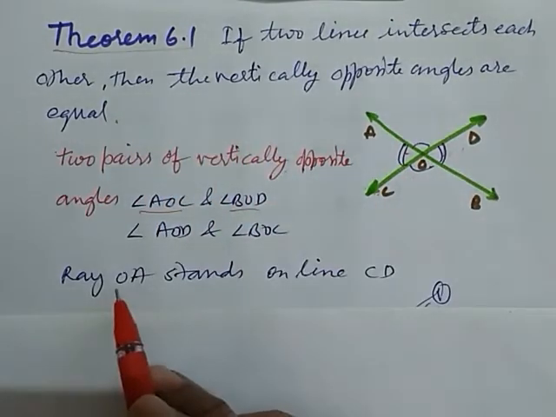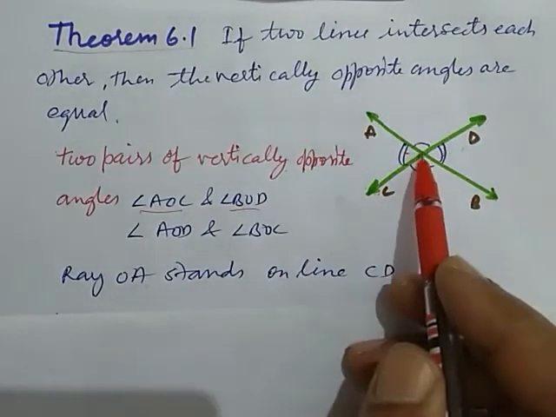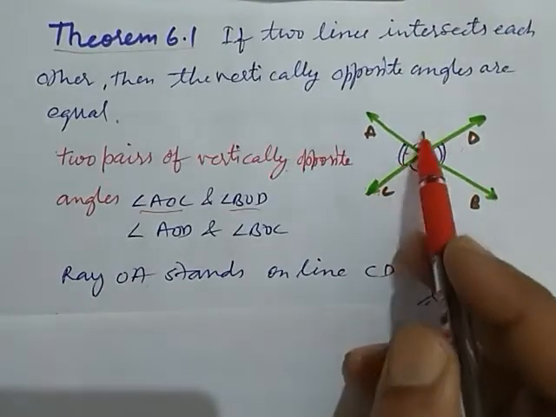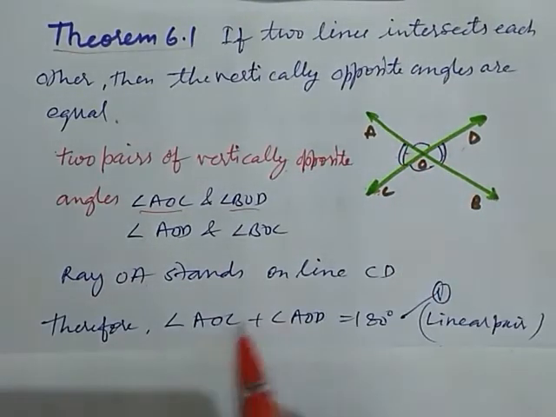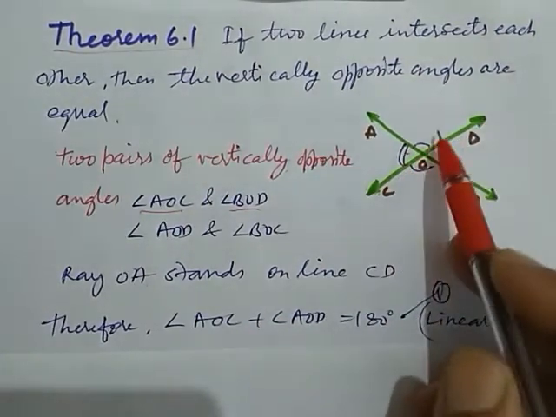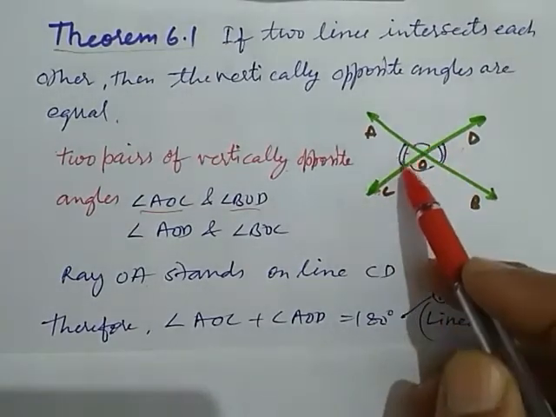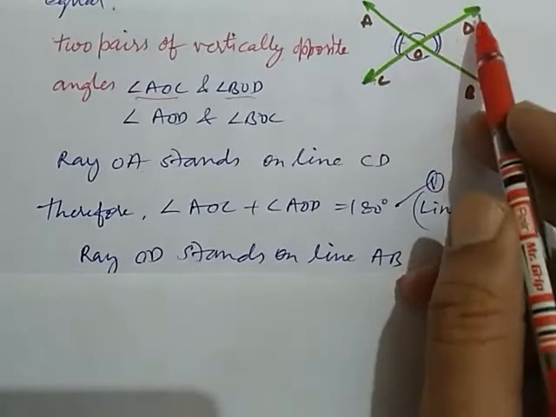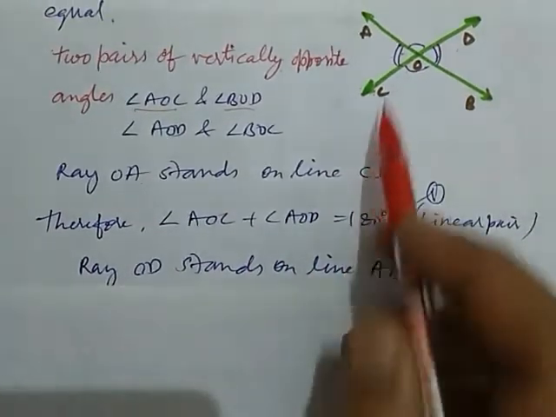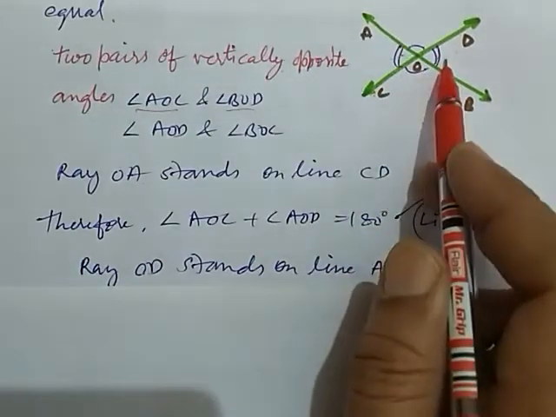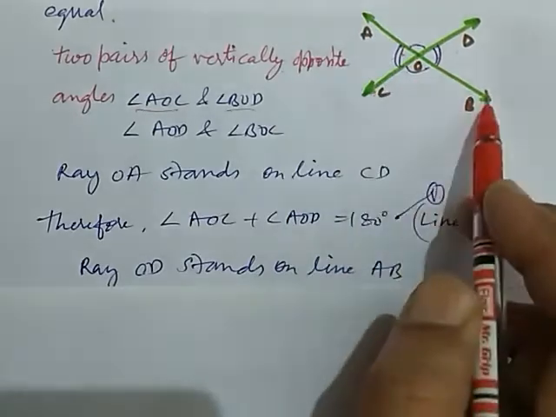Now the proof. Let ray OA stand on this line, then the sum of these two angles is 180 degrees. Therefore angle AOC plus angle AOD is 180 degrees because they form a linear pair, since COD is a line. Again, ray OD stands on line AB, so these two angles also form a linear pair because AOB is a line.